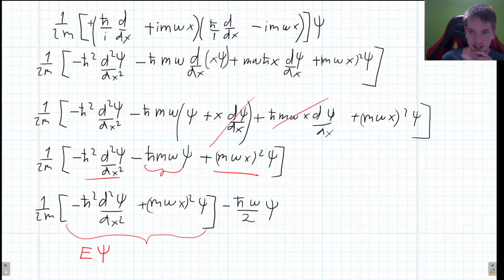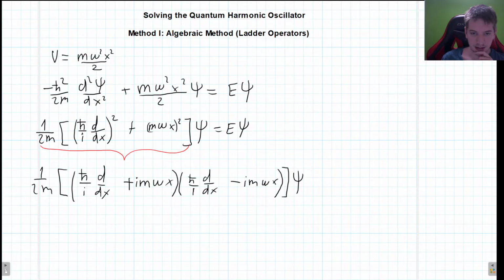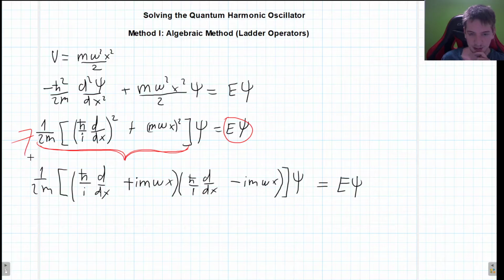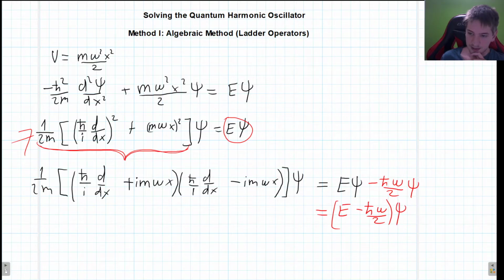is that this entire thing, let's actually go back a slide. So this right here is just going to be E times psi. Remember, because we used that, this right here is just E times psi. That's what we did. So that is E times psi minus h bar omega divided by 2 times psi, or we can rewrite it as E minus h bar omega divided by 2 times psi.